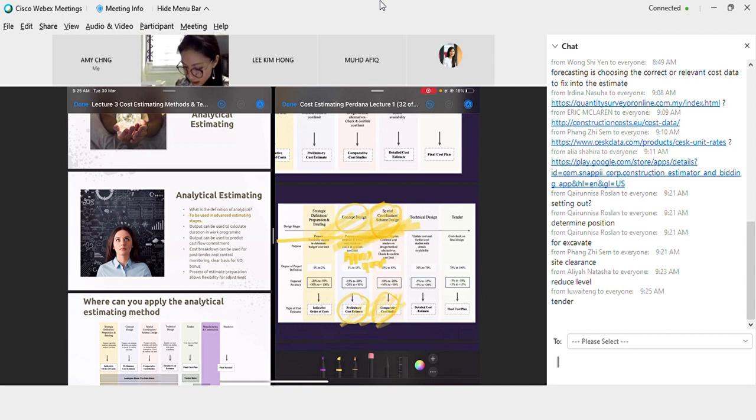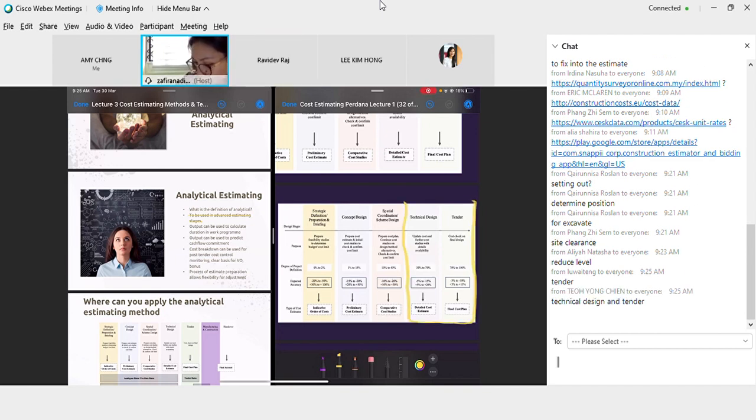I dah buka answer dah, tak ada orang ke nak jawab? Technical design, Doctor. Okay, technical design dengan Tender. Yes. So this is where you use analytical estimating.